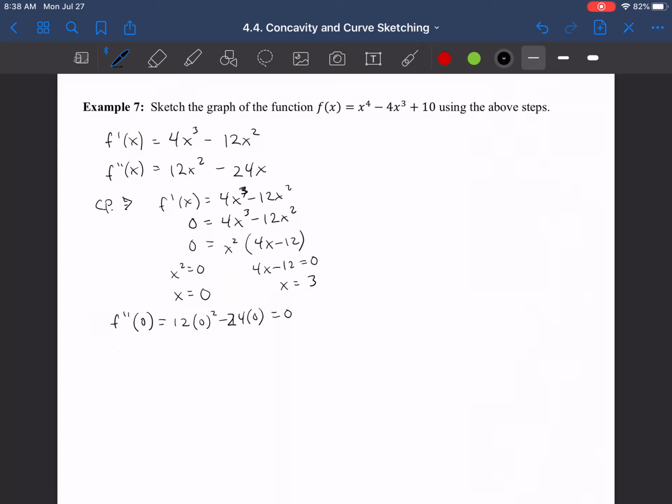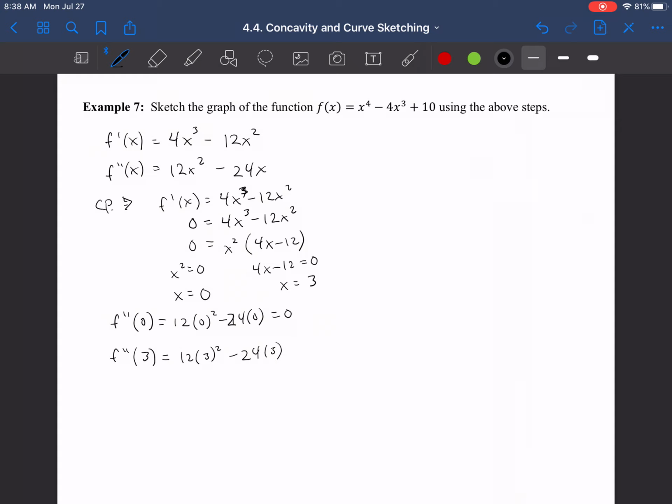But if we look at the second derivative at x equals 3, this is 12 times 3 squared minus 24 times 3. 24 times 3 is 72. And 12 times 3 squared, well, 3 squared is 9. 12 times 9 is 108.